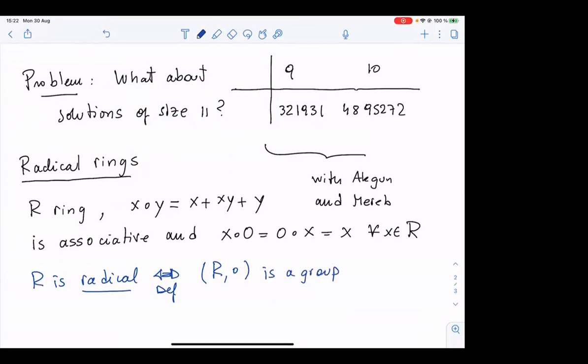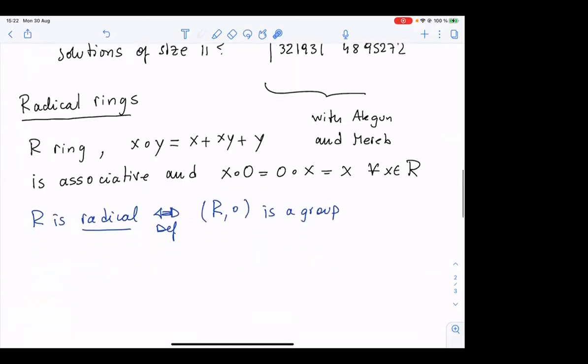Of course, there are other characterizations of radical rings, but this is kind of easy to understand, okay? So if you start with any ring, this is always associative with 0 as the neutral element. Of course, you maybe don't have an inverse with respect to this operation, but when you do, then you are talking about radical rings, okay? Very good.